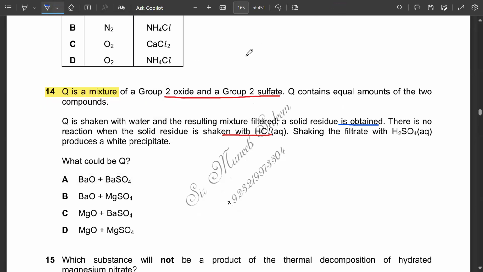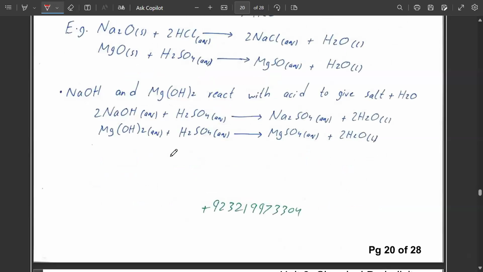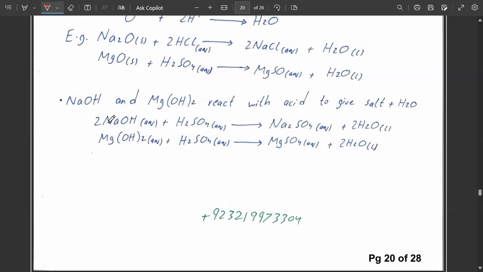According to the literature from the book, from the notes, we can see, these are my notes. You can see here that magnesium hydroxide can react with the acid. So this could not be the compound which is in the residue because it can react with the acid. You can change the acid, you can put HCl instead of the sulfuric acid.